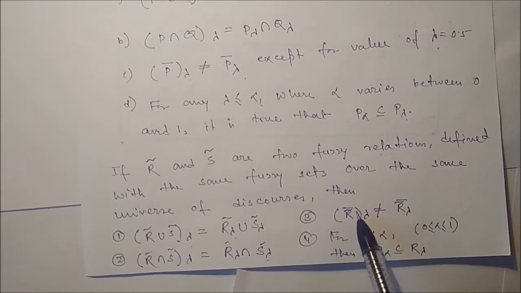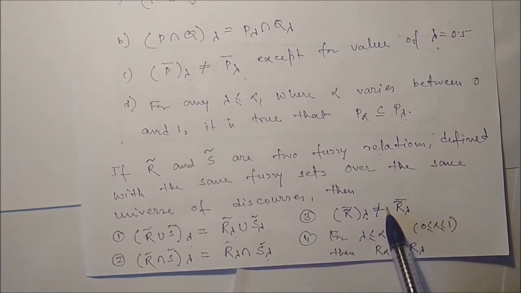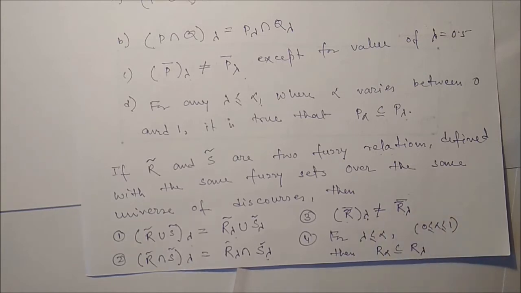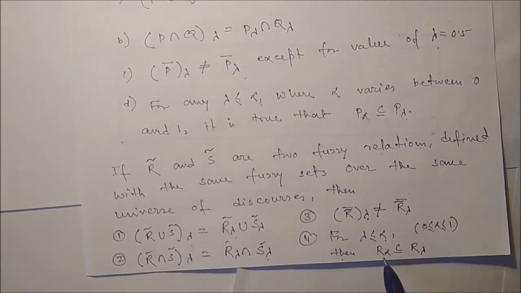Here we have to apply the complement first, then lambda. There, we first apply lambda, then we apply complement. But both are not the same thing. Similarly, for lambda whose values are less than or equal to alpha, where alpha varies from 0 to 1, R alpha should be a subset of R lambda.